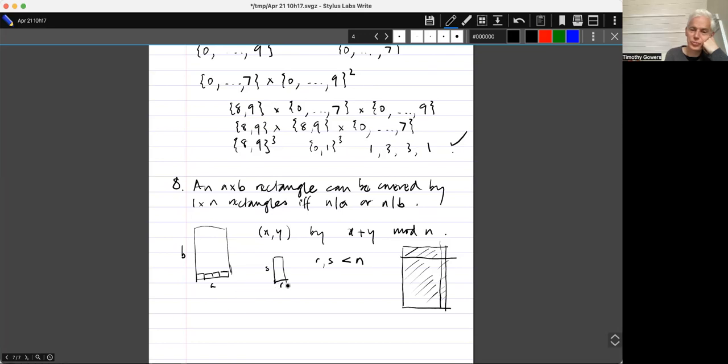I'll think of this as naught up to r minus 1 and naught up to s minus 1. So it actually depends a little bit on how big r and s are. If r and s are both smaller than n over 2, for example, then I'll be in good shape, because I won't be able to make n in very many ways.